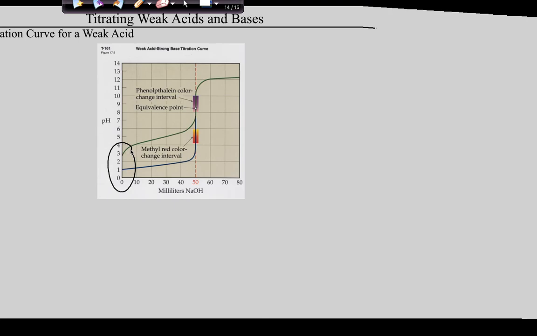Now, guys, notice this. I'm just going to say it, but I don't want to dig into it a lot. Luke, I think you and I talked about this earlier. Guys, you'll notice that in the strong titration, this slope is relatively constant.